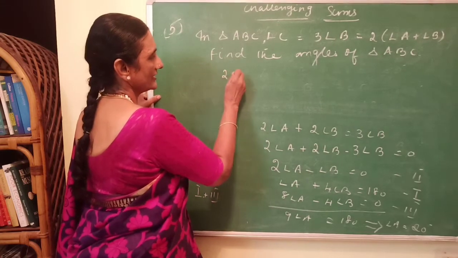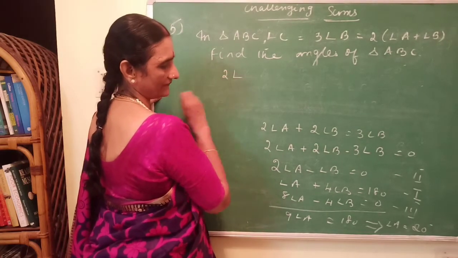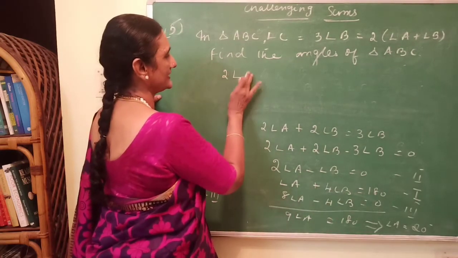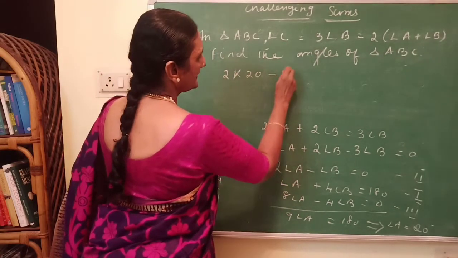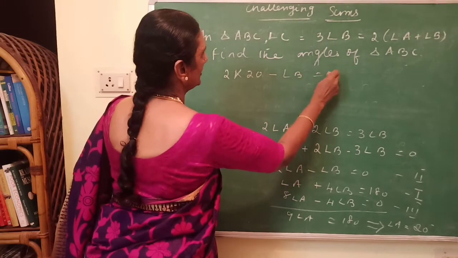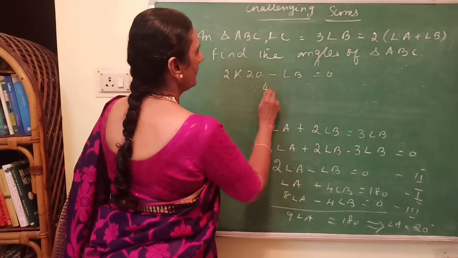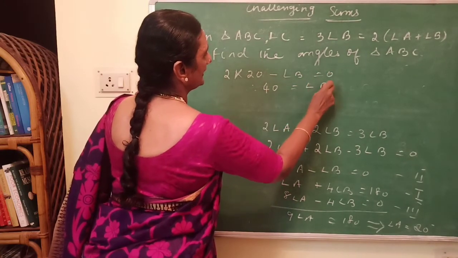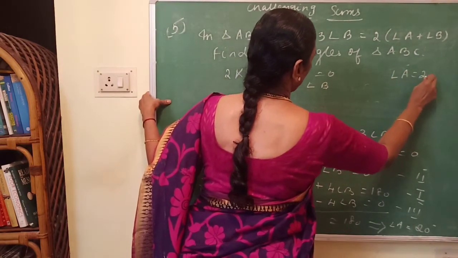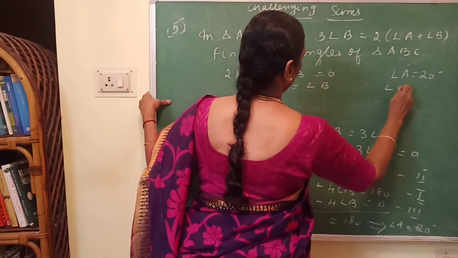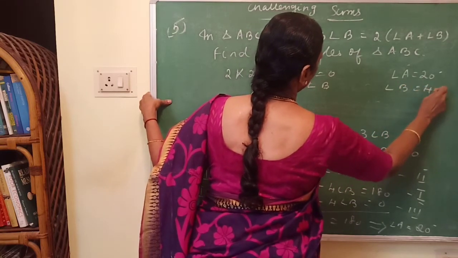So I will get 2 times angle A, that is 2 times 20, minus angle B is equal to 0. Therefore, 40 degrees is equal to angle B. Therefore, we have got angle A is equal to 20 degrees, angle B is equal to 40 degrees.